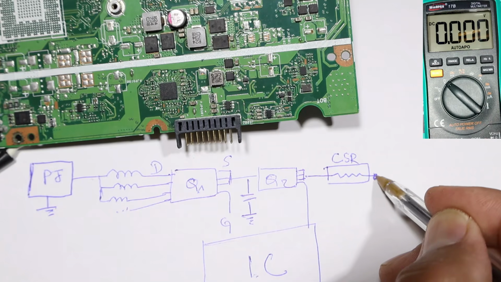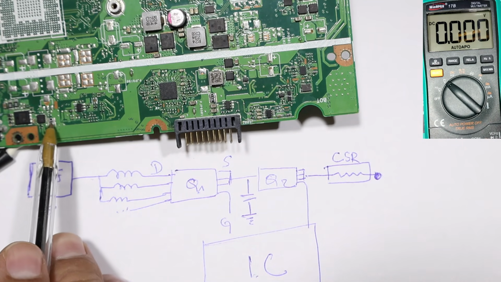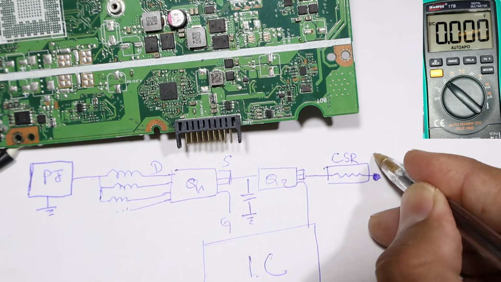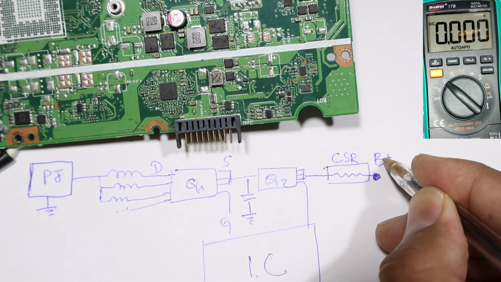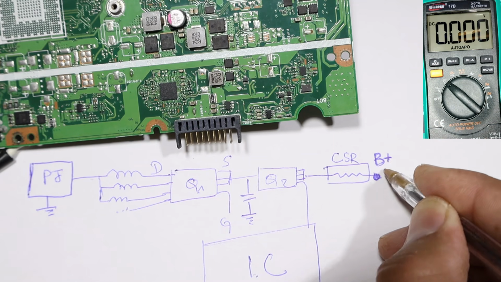From this point, the current sense resistor, we will get the B+. Remember, B+ is the main voltage for each circuit.